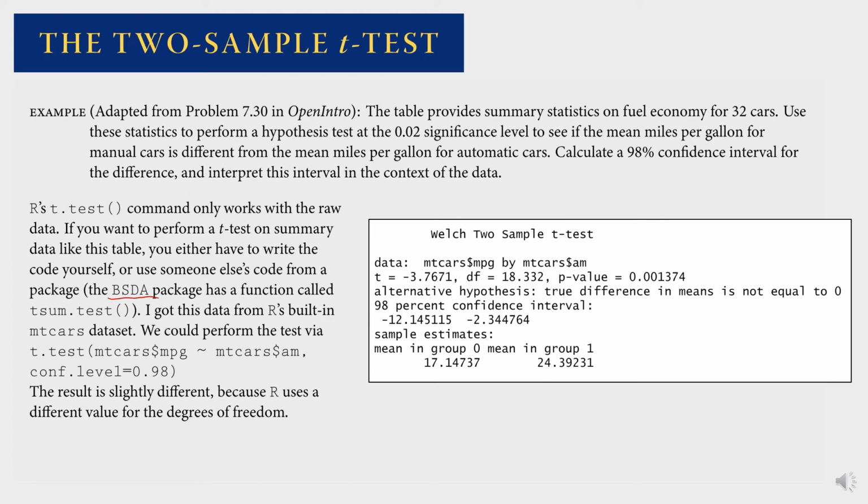It's just like the syntax for the box plot. This is the variable we're testing, the gas mileage, and the variable that determines the group is this one, am, for automatic manual. This code will run in R if you try it. The mtcars data is built in.